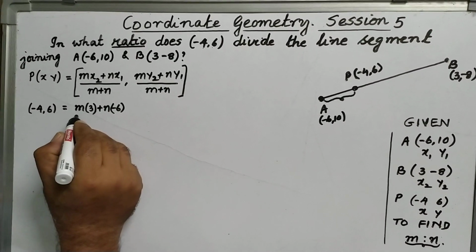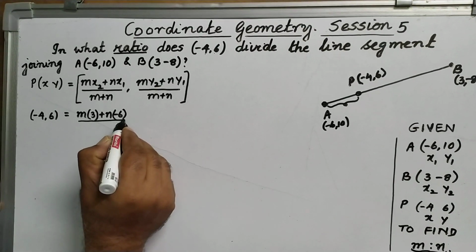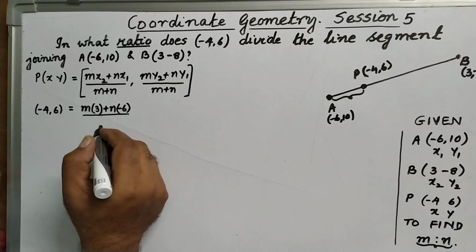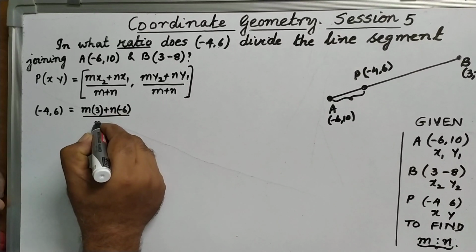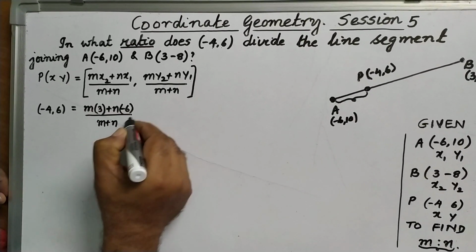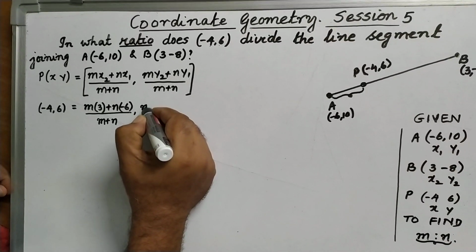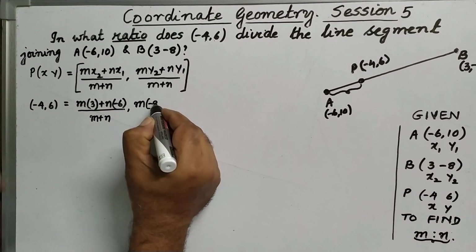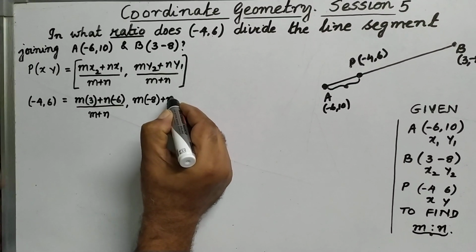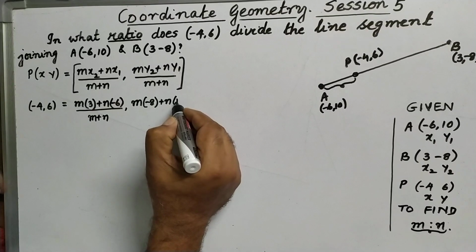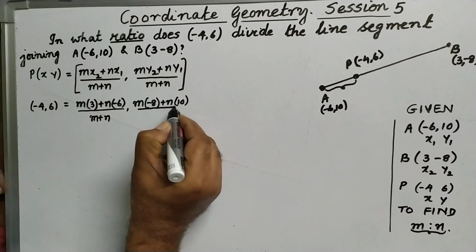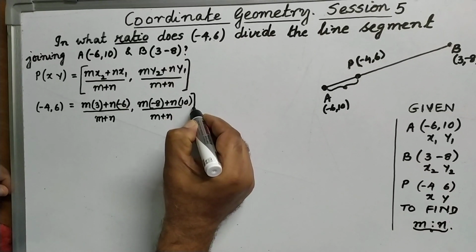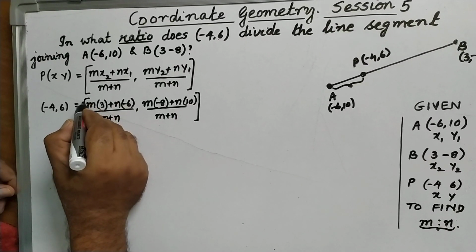Be careful, whenever you have negative values, it is always better to put that negative value within brackets. m plus n is retained as it is. Then m y2 is (-8) plus n y1 is 10, divided by m plus n. I have to find out the values of m and n.